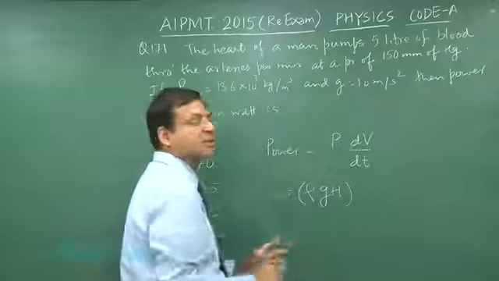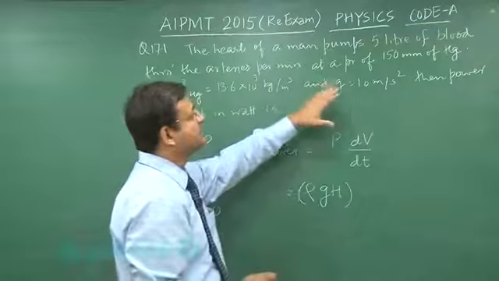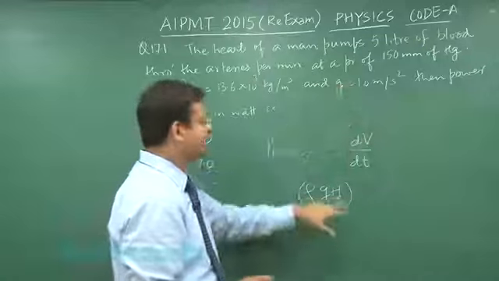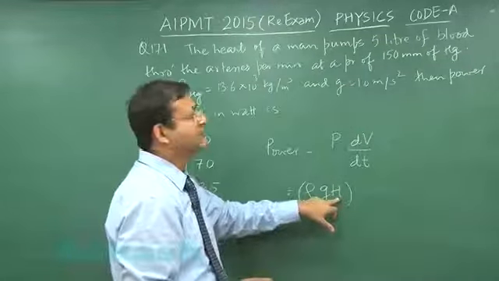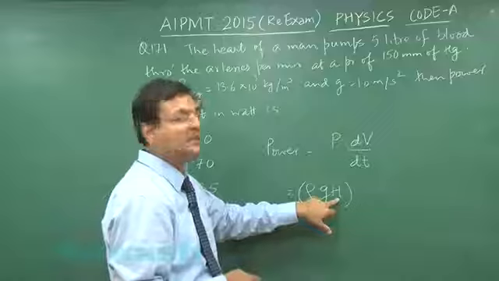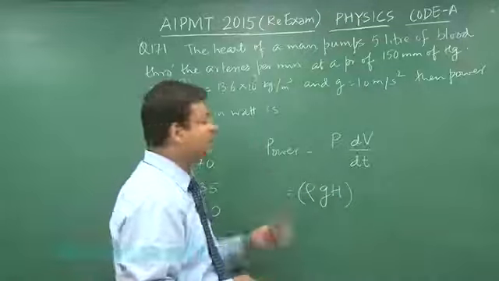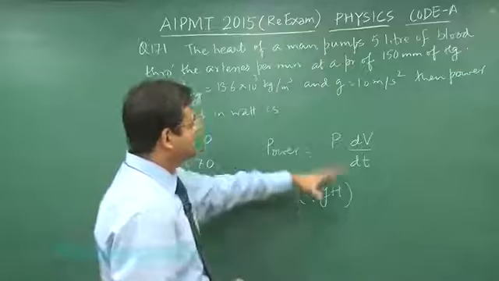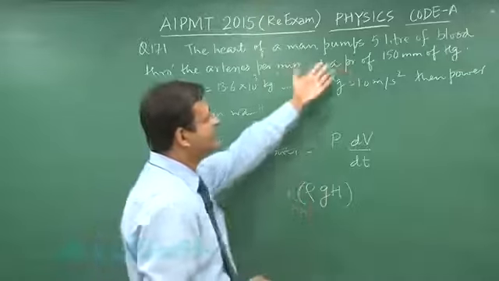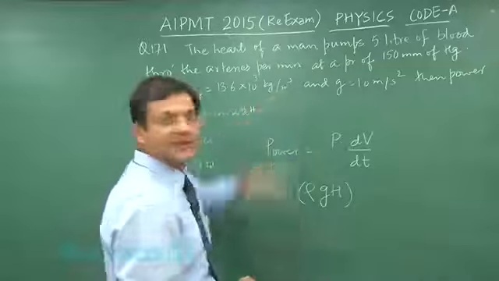Pressure is given in terms of mercury, 150 mm of Hg. So this H will be 150 mm, to be converted into meters. Density of mercury has been given to you, 13.6 into 10 power 3, and G value has been given. And this volume rate of pumping is 5 liters of blood per minute.